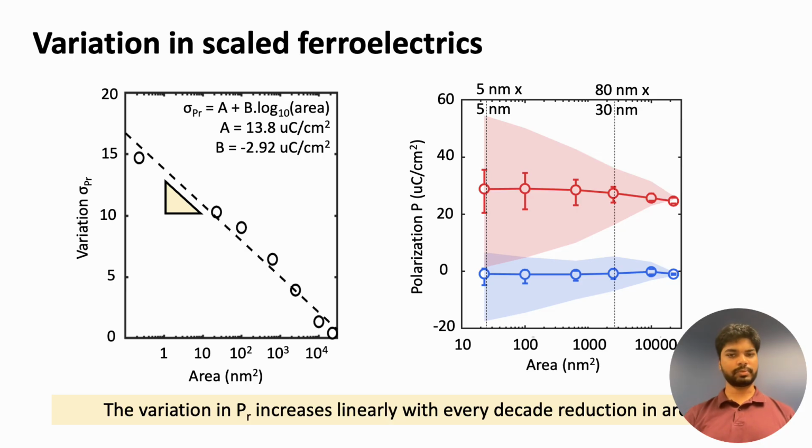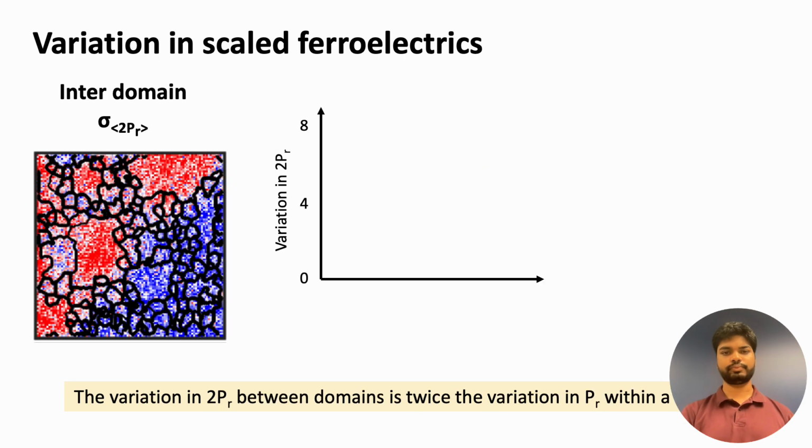This gives a simple experimental scaling rule for predicting variation in polycrystalline HZO. Usually this sort of a Pelgrom law type rule is obtained from electrical measurements. This is the first ground up deduction of this type of a rule.